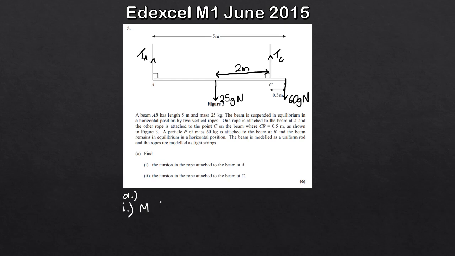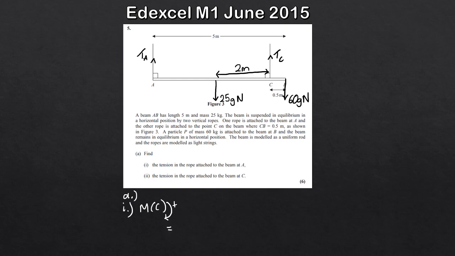I'm going to take this as clockwise. It doesn't matter though, it'll just change the calculations slightly, but your final answer should be the same. So taking moments clockwise as positive.